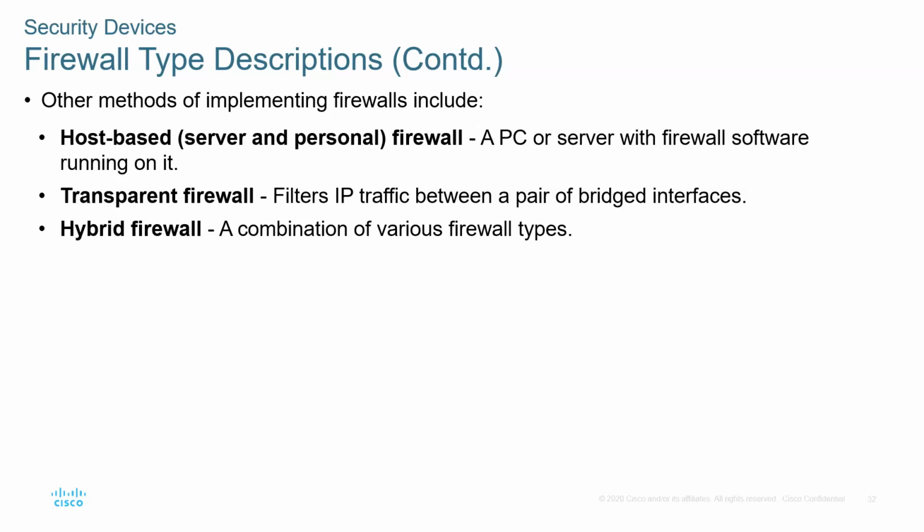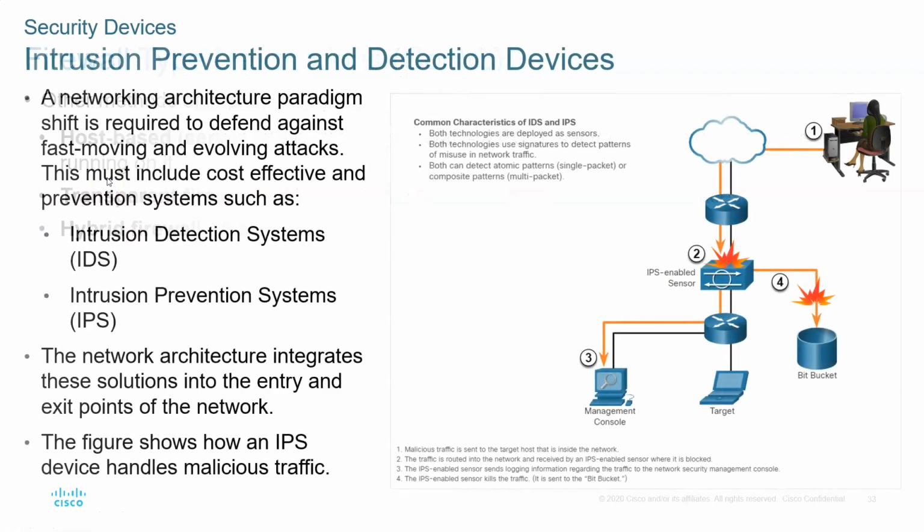So in the lab, we usually do that because we want to be able to ping each other. We have to disable that rule in the Windows Defender to allow us to ping each other. So there is the transparent firewall and the hybrid firewall. But you should know that the host firewall is the one that is installed on your end devices.